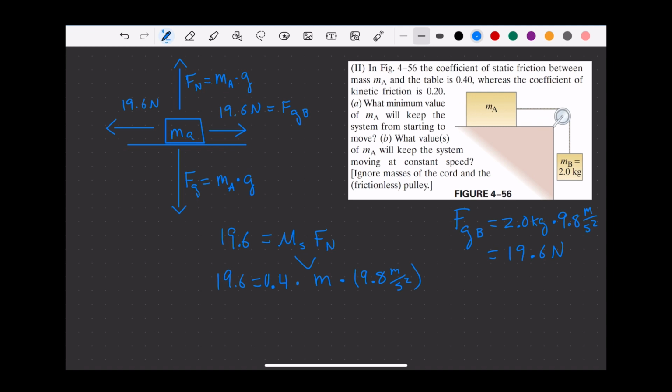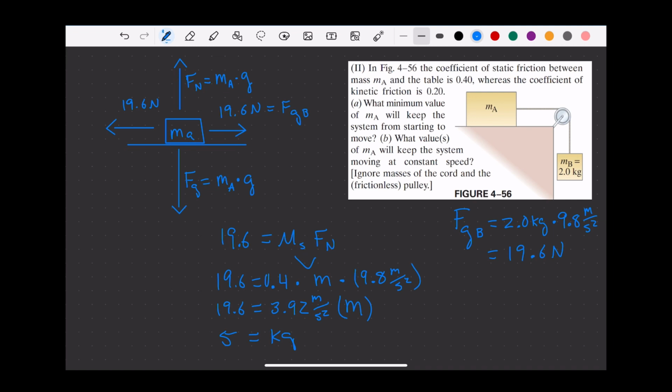That's going to give me 3.92. So I can say that 19.6 is equal to 3.92 meters per second squared times mass. If I divide both sides by 3.92, I'll get 5 kilograms. It's pretty convenient.